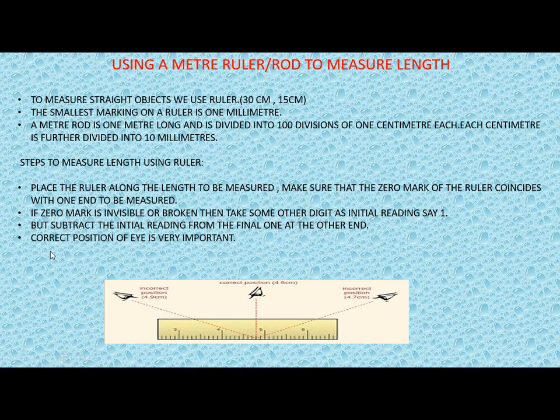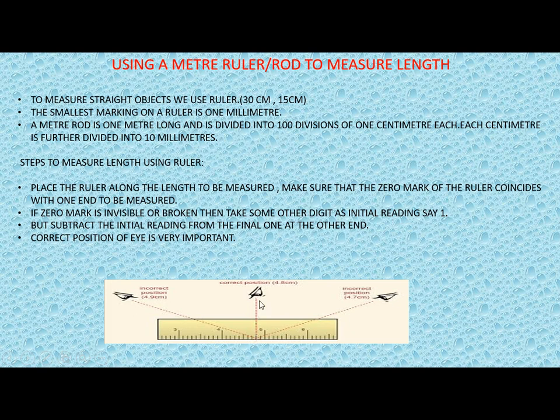Then we have one more very important point, that is the correct position of the eye is very important. Here in this picture you can see there are 3 positions of the eye. One is seeing from this side, that is in a slanting position. Another person is seeing from this side, and this one is the correct position, from a straight line.